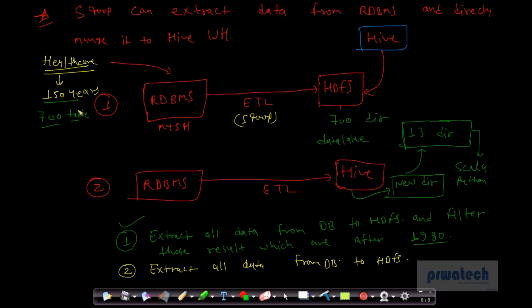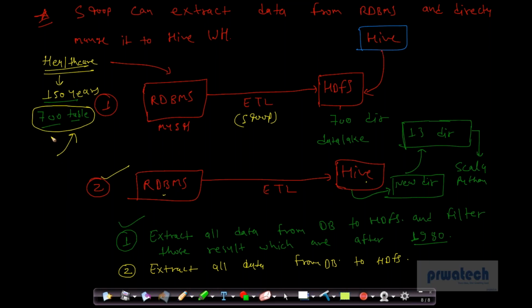You're saying I want to manage all these 700 tables, along with their patient, their age, their other factors. Then you will use the second approach, from RDBMS directly to Hive.